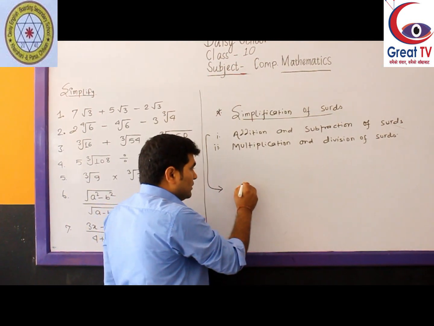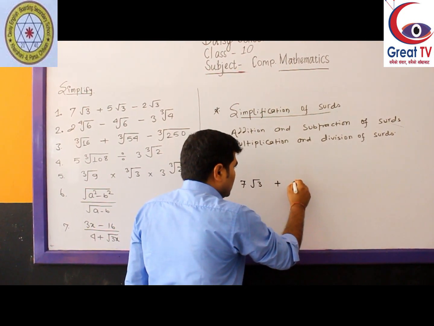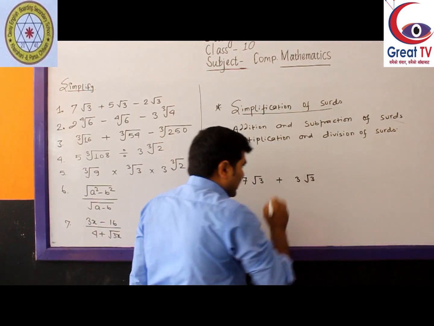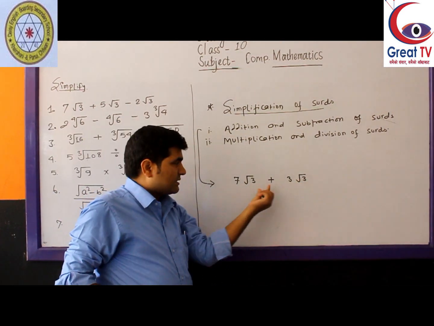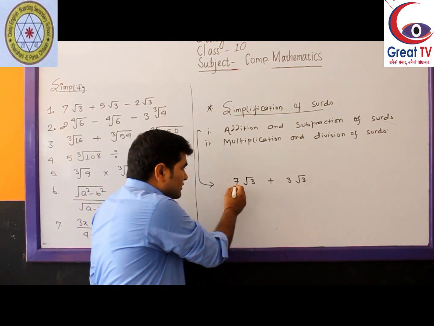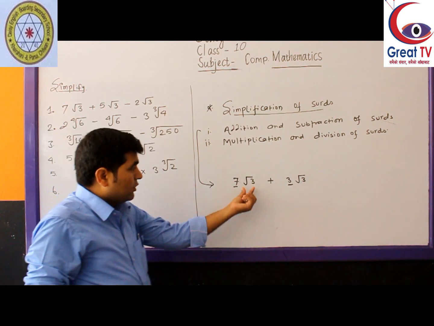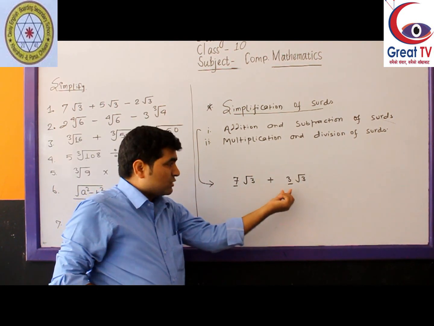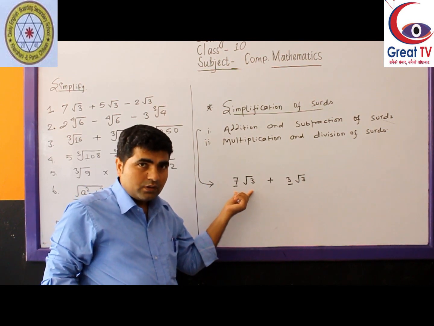For example, 7 root under 3 plus 3 root under 3. Here, these two are Surds factors, the irrational form, and the coefficients of these two, 7 and 3, are the rational factors. If you have like Surds, in that case only we can add the rational factors.